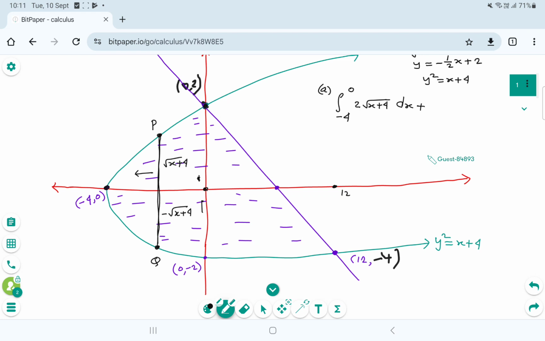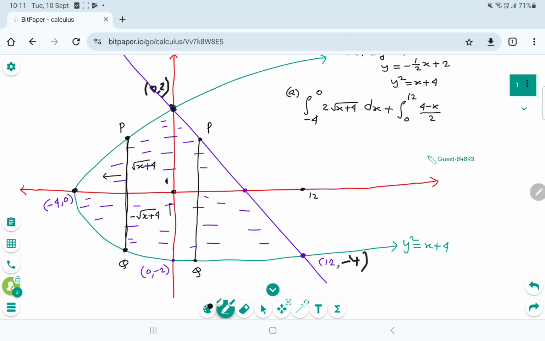Now what happens after 0, I mean to the right side? So from 0 to 12, we integrate. Now here, PQ is at this position. The straight line is the maximum, so we take maximum minus minimum. The maximum is the y part, 4 minus x divided by 2.